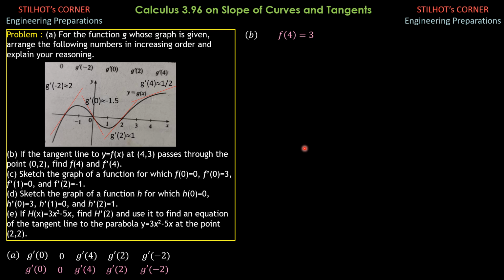So the slope of the line joining these 2 points is the slope of the tangent, and it is f prime of x, or dy/dx, or slope, which is (3 minus 2) over (4 minus 0). So it is 1/4. Therefore, f prime of 4 is equal to 1/4.